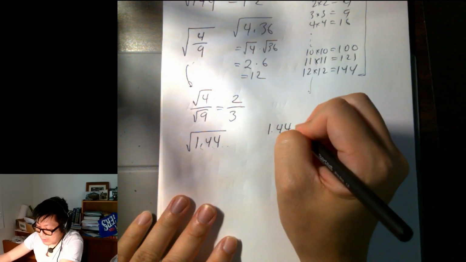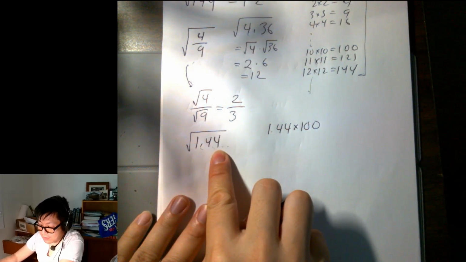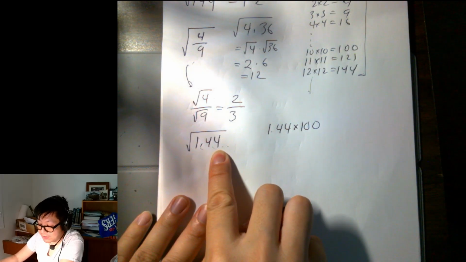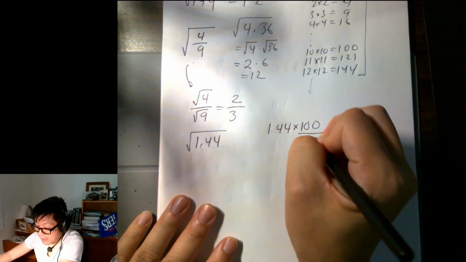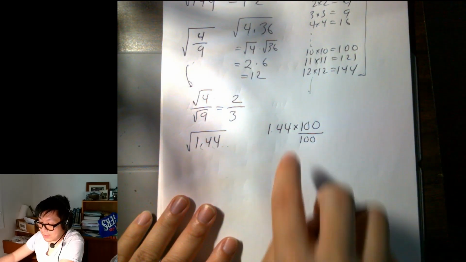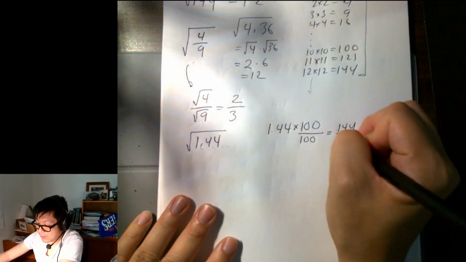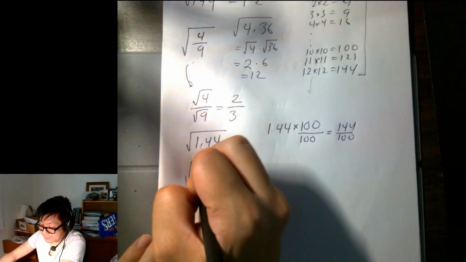But if I just multiply by 100, I'm changing the number. I'm allowed to multiply by 1, and I'm not changing the number. So what I do is I multiply and divide by 100, do the multiplication part, and I've converted this decimal into a fraction.